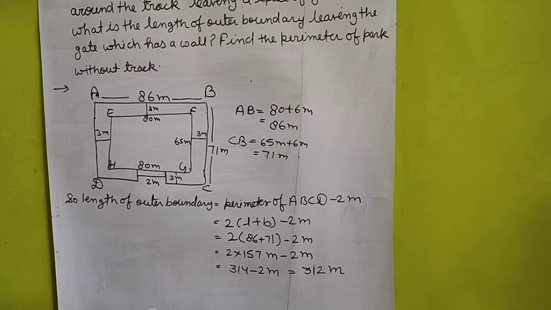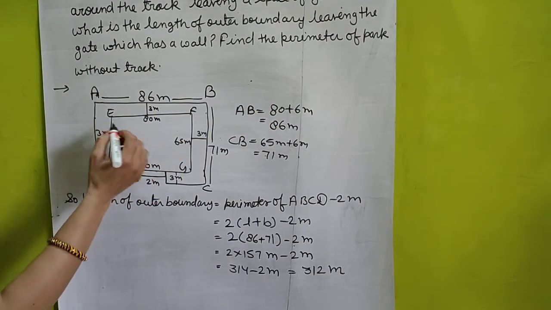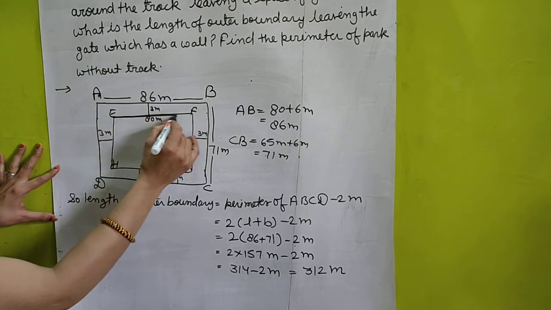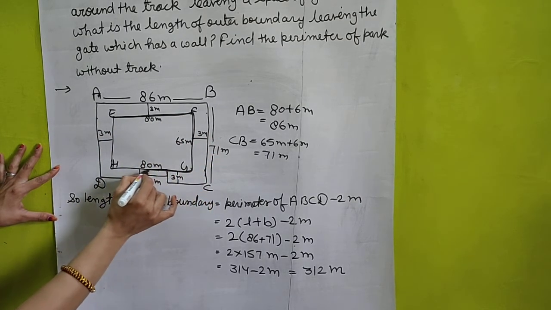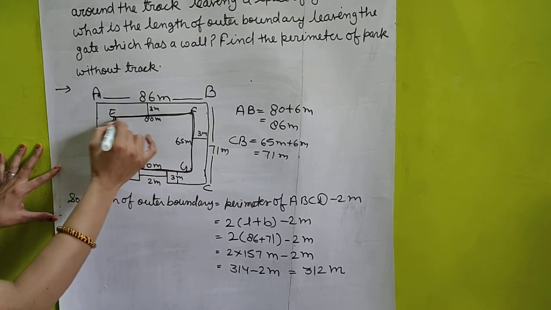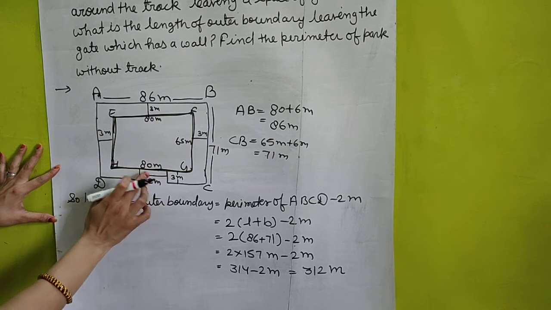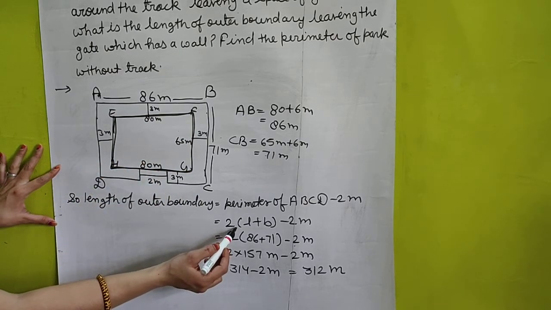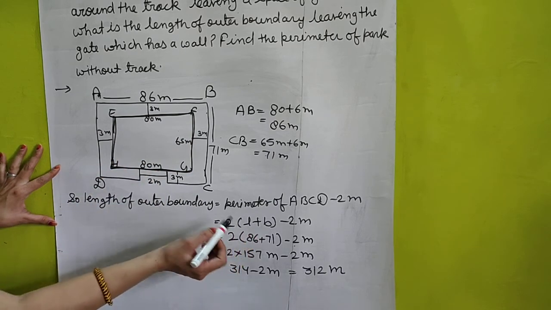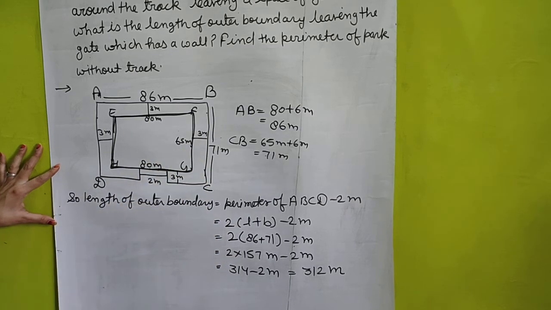Now next one, students: find the perimeter of the park without track. Without track means this one, E, F, G and H. We are to find the length of the outer park without track. It means the inner side EFGH. So again we will write the formula, 2 multiply length plus breadth.